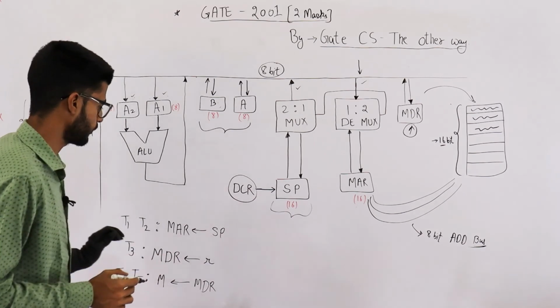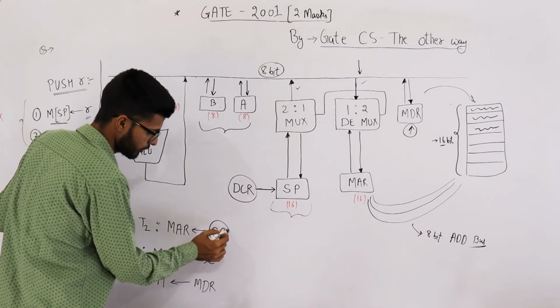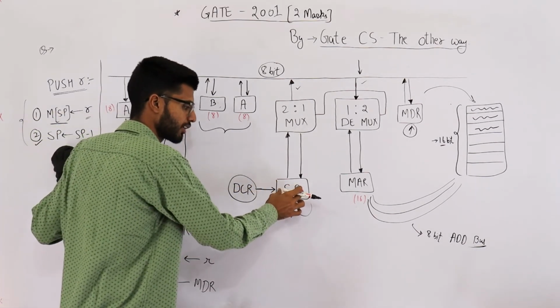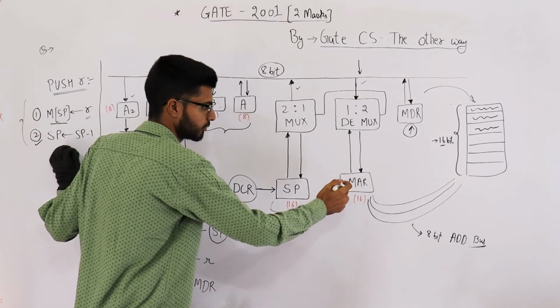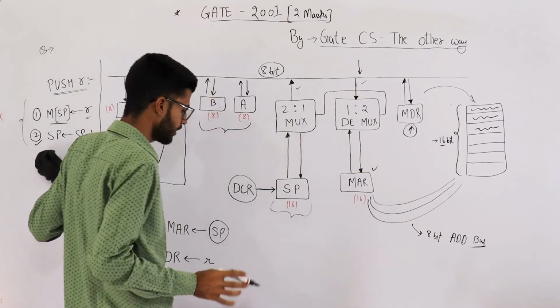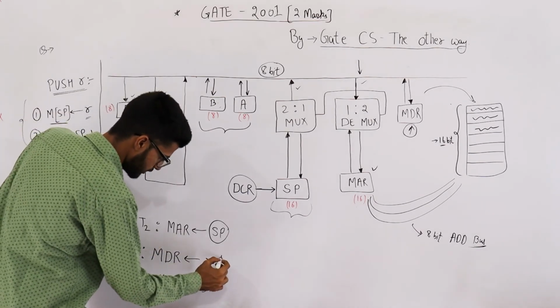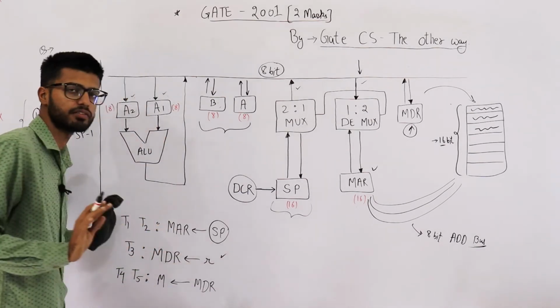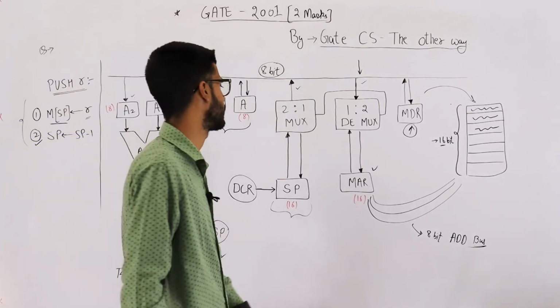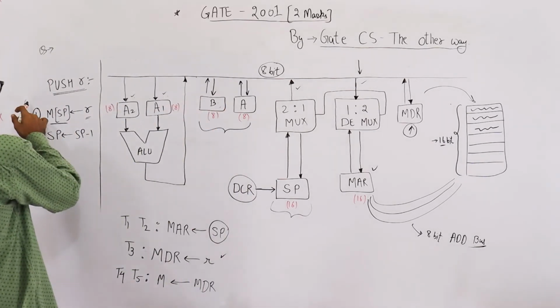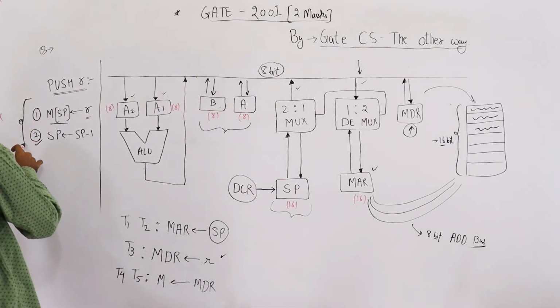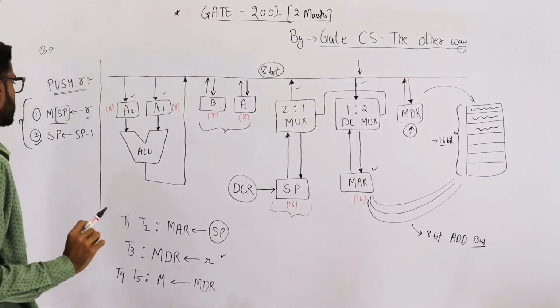Once we have used this value, that means once we have saved this value here, we can decrement it at any time. That means either in T3 or in T4 or in T5, this value SP can be decremented. So these two operations can happen parallelly.